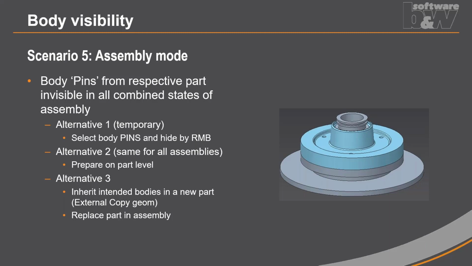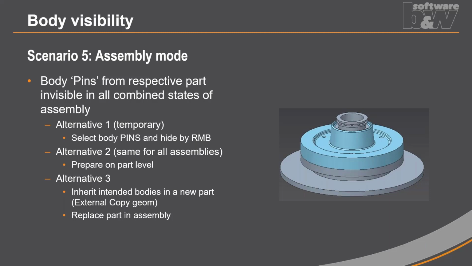So it's temporary, it's nice, it perhaps fulfills the requirement in this case. But it's temporary and not persistent, and you cannot save it because you can't save a layer state for the parts here.